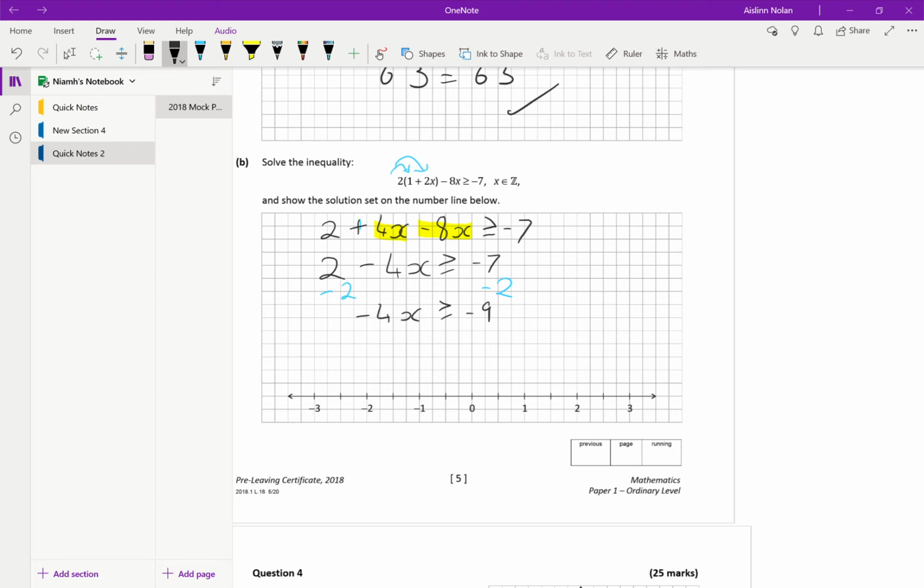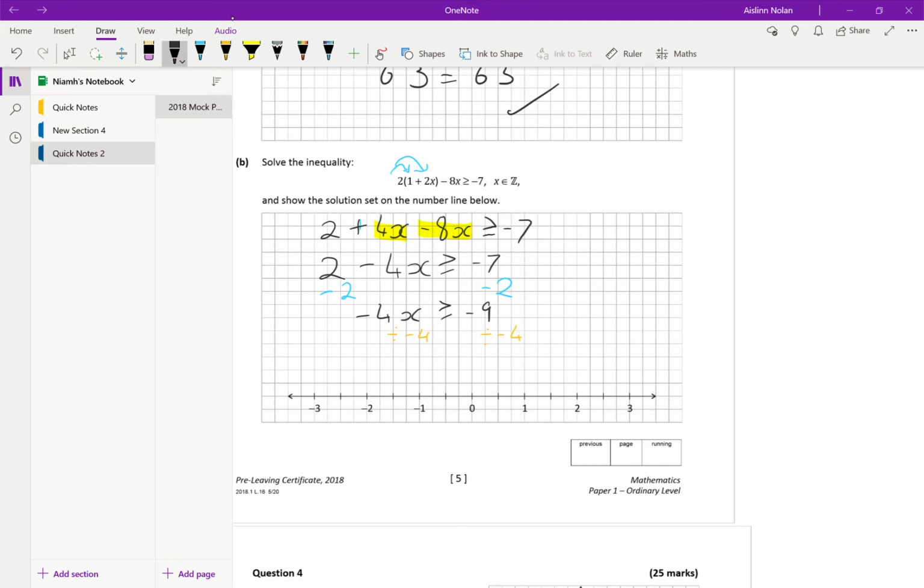When we now go to divide by the minus 4, when we divide inequalities by a minus number, and we wouldn't really have seen this since last year, we have to change the inequality sign. We have to flip it over.